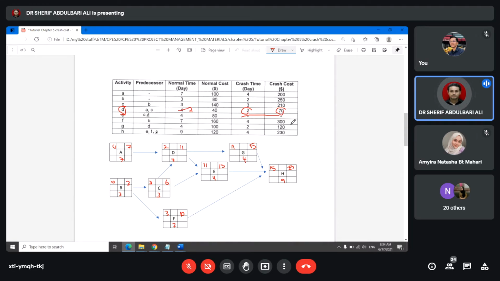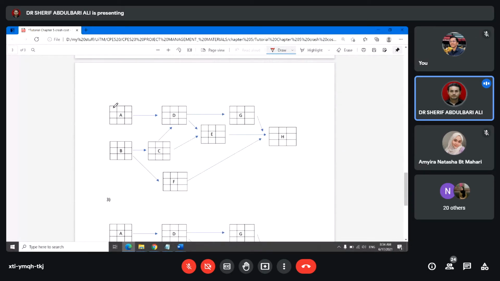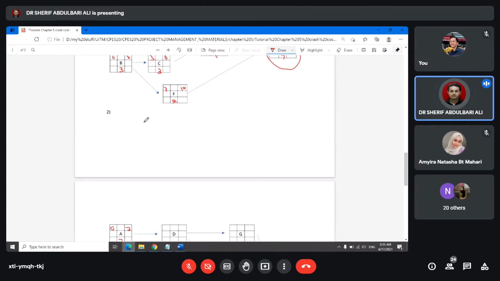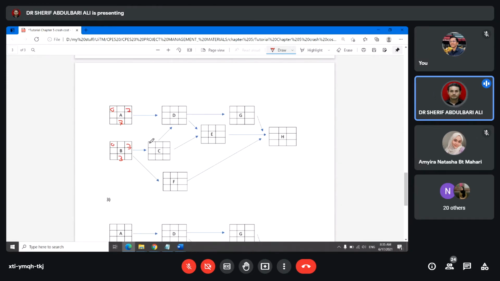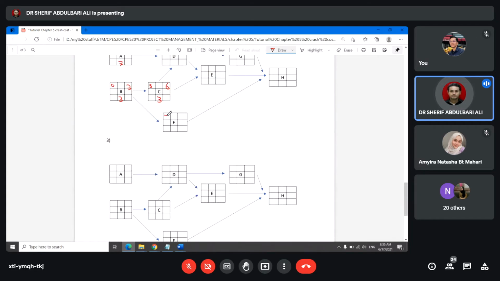See how it's going to look now if I crash activity D. So here is going to be 0 and 7 days, and 0, 3 days, here 3, and this one is 3 days, so this one is 6, 3, 7, 10.